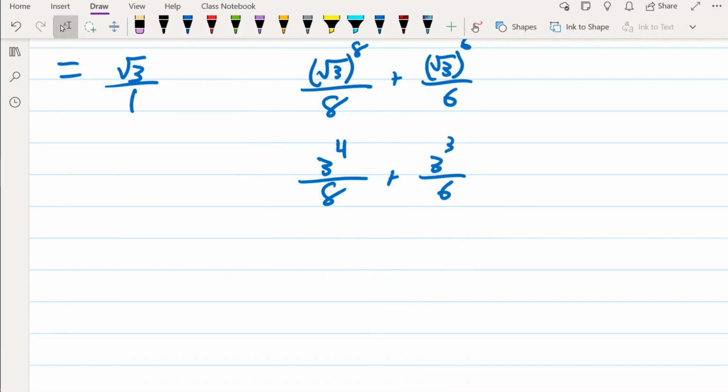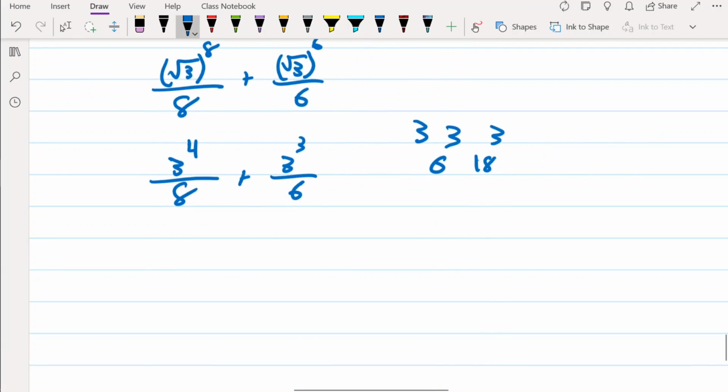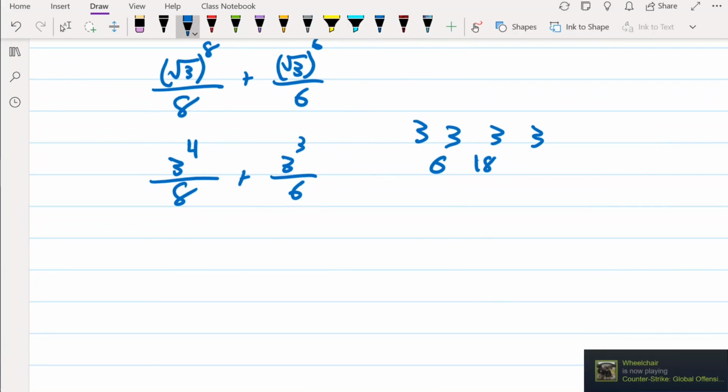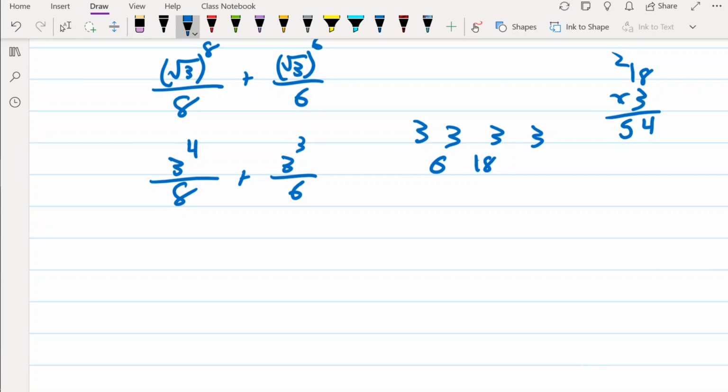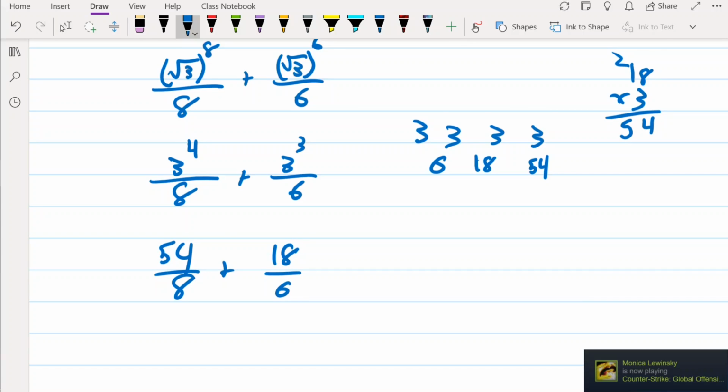And 3 times 3 is 9, times 3 again is 27, times 3 again equals 81. And 3 cubed is 27, so 81 over 8 plus 27 over 6.